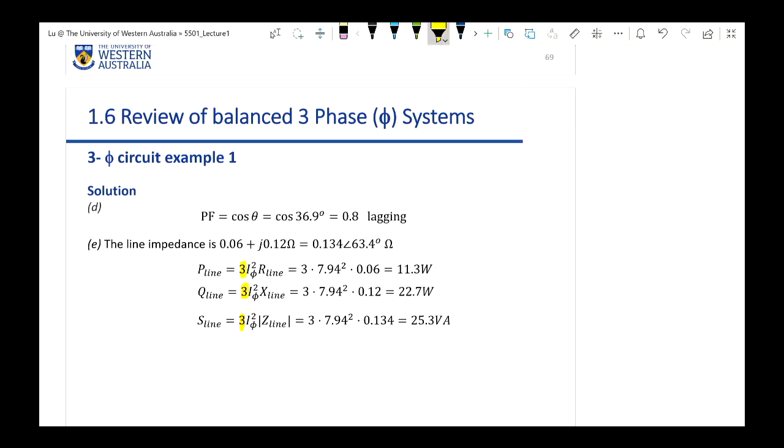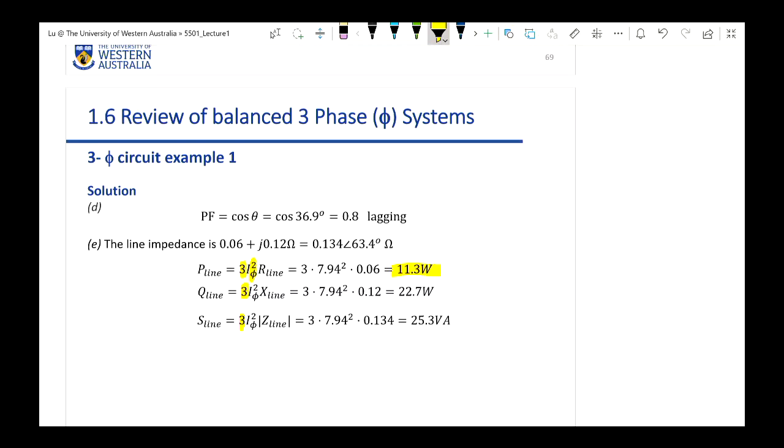And for the formulas, I don't want to repeat that again, really simple. This I5 square is the current flowing in the phase, but again, for the Y pattern, phase current and line current are the same. So you can treat them to be the line current. Line current magnitude square multiplied by the resistance of the transmission cable calculates the real power consumed by the cable. So the result is given here.